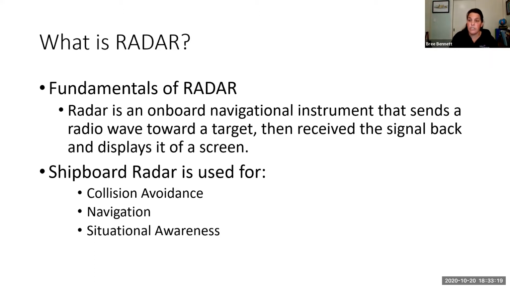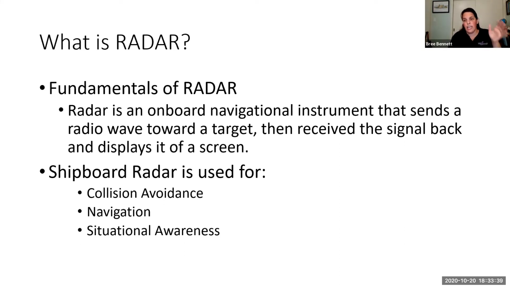We want to be able to use this radar for collision avoidance. Second, we use it for navigation. Especially if you're making landfall at night in fog and you can't see, you can use a radar to help you navigate.